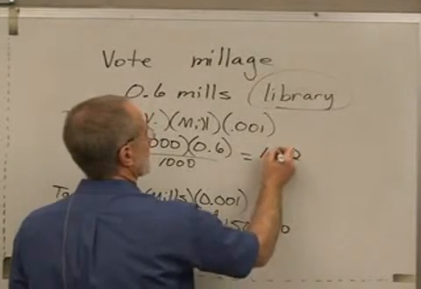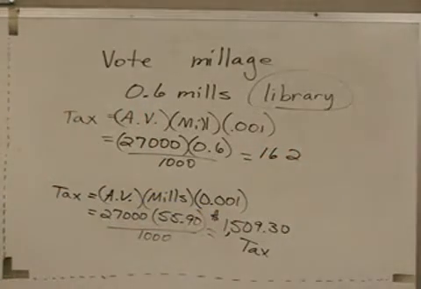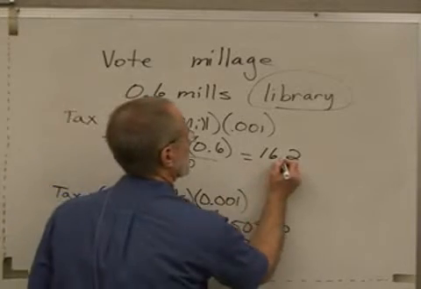And what do we get? Where does the decimal point go? 16.2? Does that sound right? That sounds right to me.